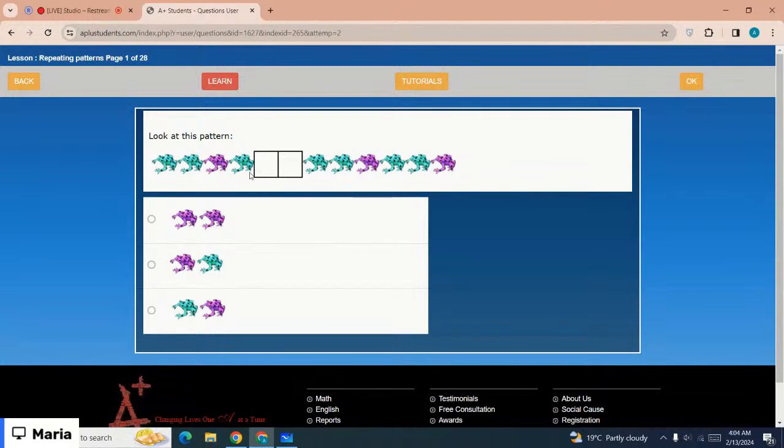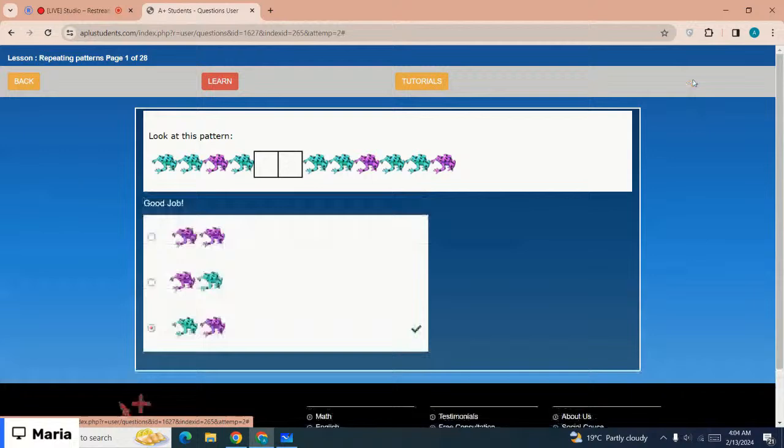You are given one blue, right? That means the missing portion is one blue and one purple, right? This one is the missing pattern over here. That means one blue and one purple is the correct option, right?